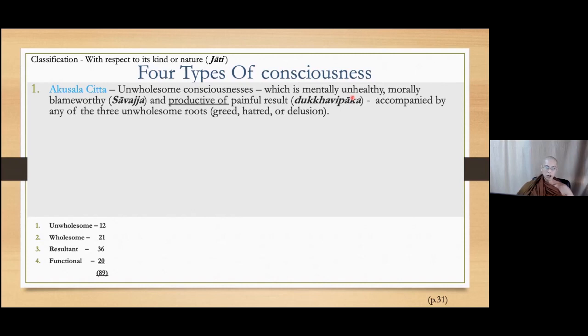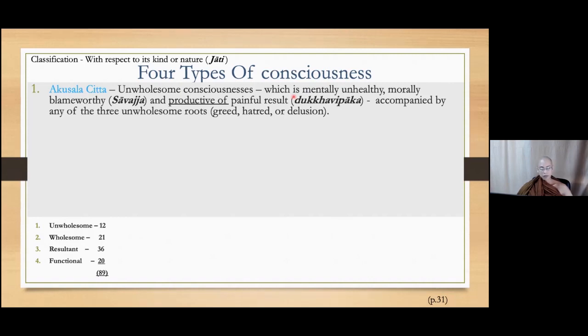And another part of the characteristic of unwholesome is that it is productive of painful result. It means it can produce painful result. That is called dukkha vipaka in Pali. So these two, savajja and dukkha vipaka, are the two factors of the characteristic of unwholesome consciousness.